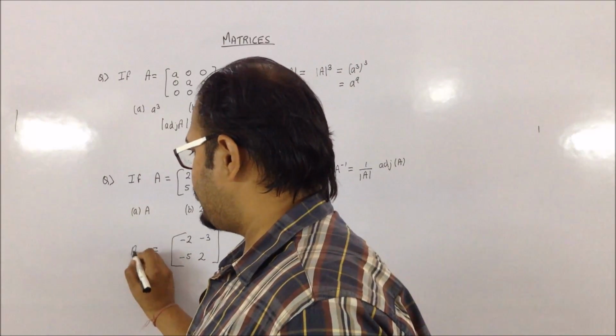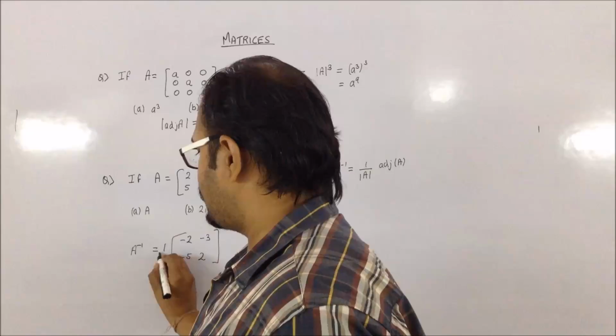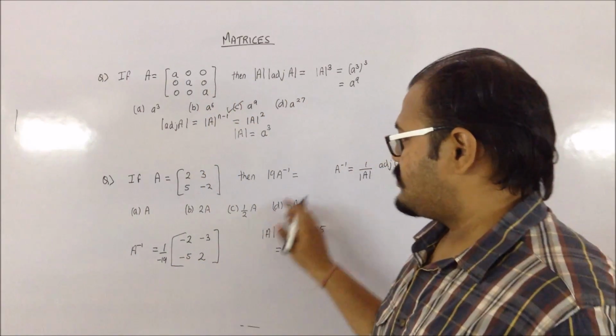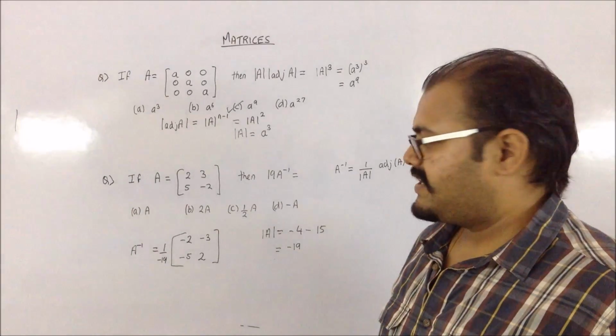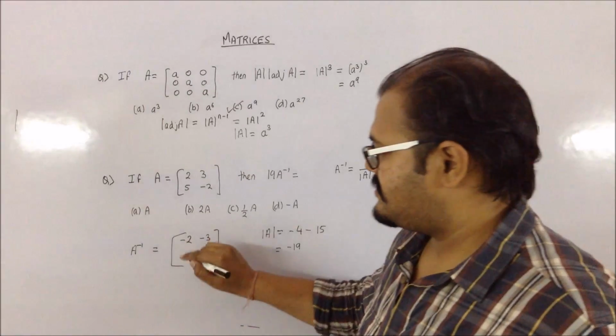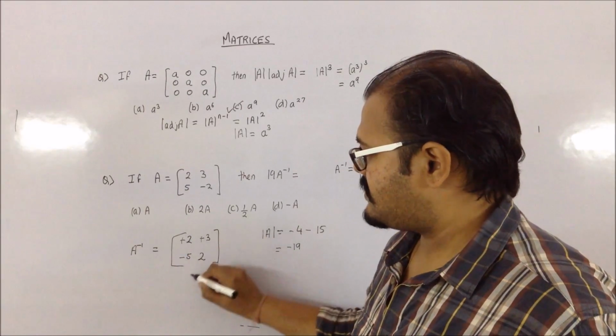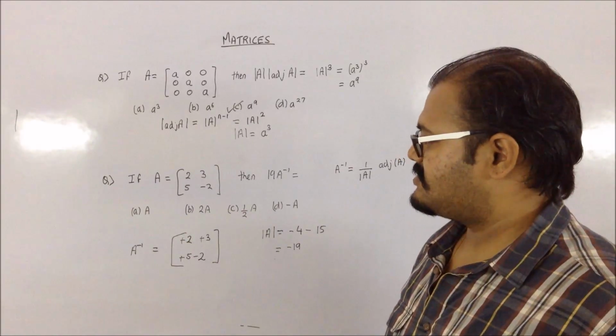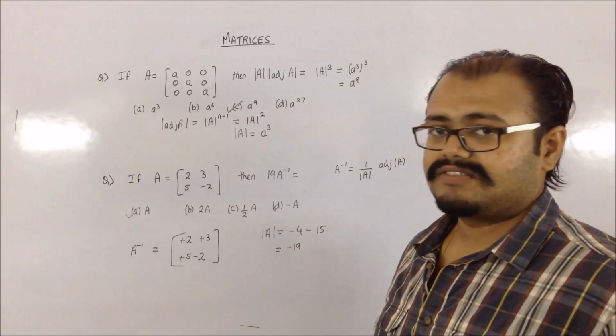So I will get my A inverse as 1 by minus 19 into this. If I want to find 19 into A inverse, I have to basically take that minus sign inside. So this will be plus, plus, plus and minus. So I'm getting basically the original matrix. So answer is going to be A.